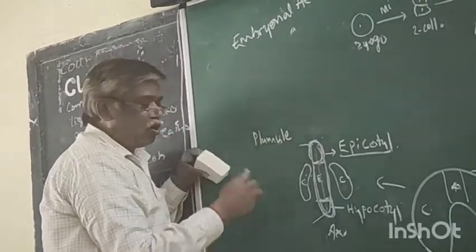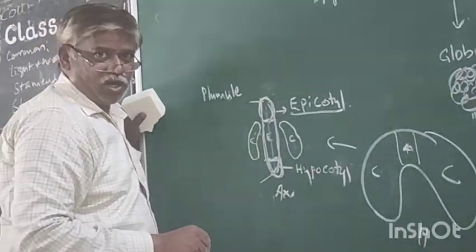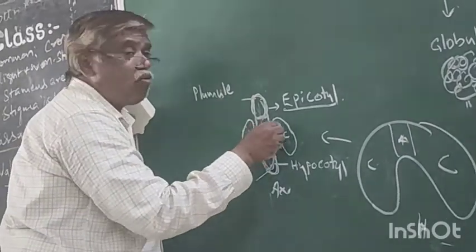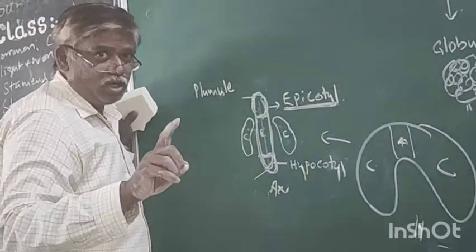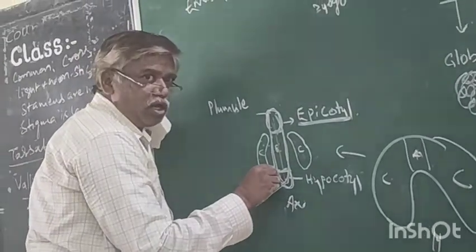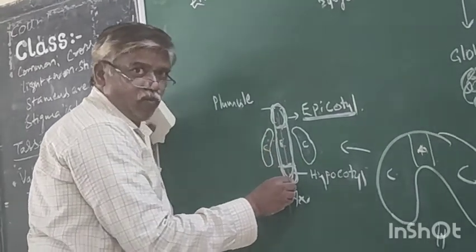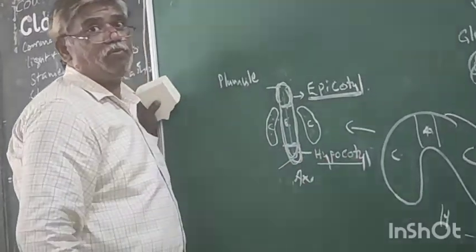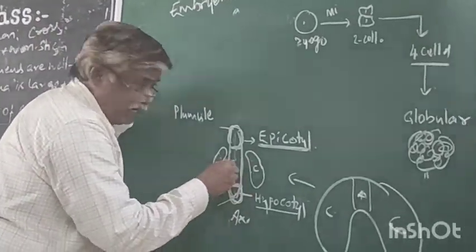Now, the part of the embryological axis above the level of the cotyledon is called the epicotyl. Are you catching the point? Right. The part of the embryological axis below the level of the cotyledon is the hypocotyl. There is no special name for the part between the cotyledons.